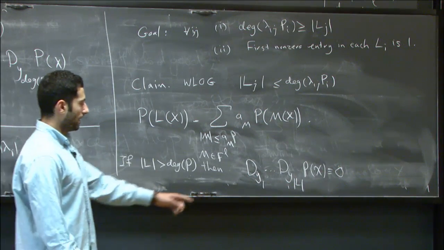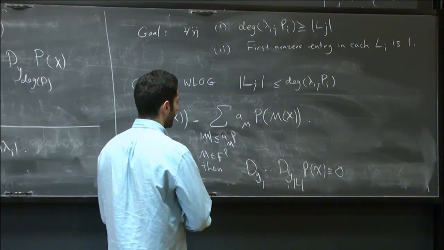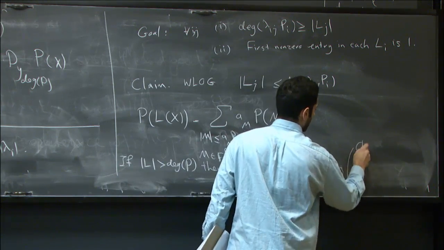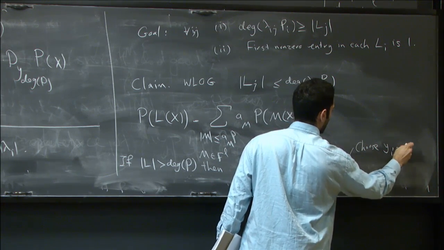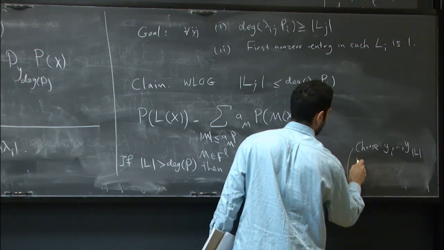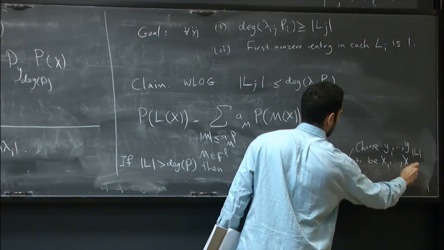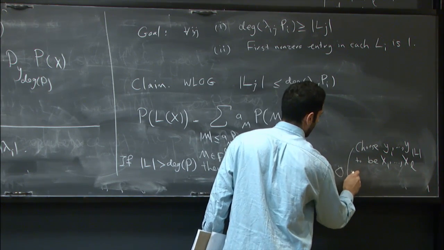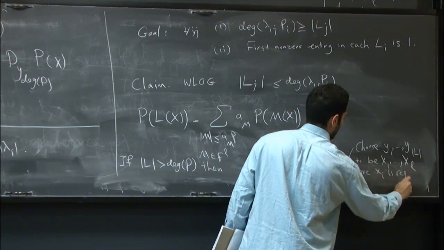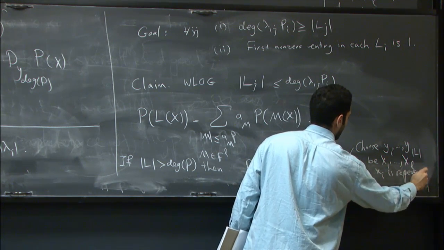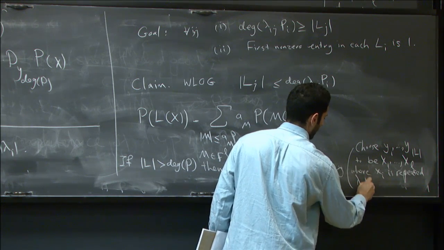But now you can plug in y_1 up to y_l carefully. Choose y_1 up to y_l to be x_1 up to x_l, where x_i is repeated lambda_i times.